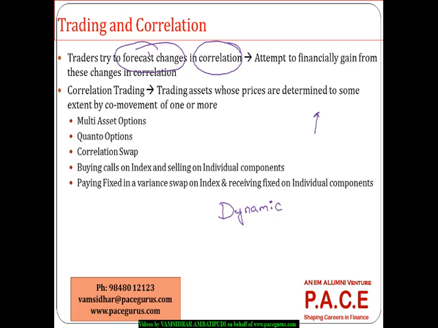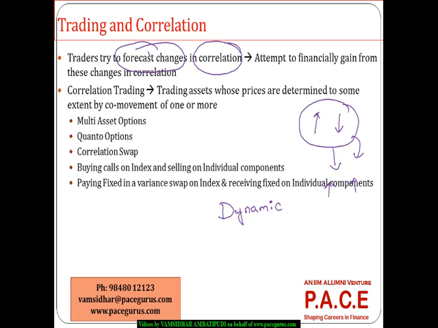As long as the correlation between the two is lesser, it is like they are forming a good portfolio. The moment it increases, they will take a position because there is a change in the correlation and they really want to gain from the change. That is what we call correlation based trading.